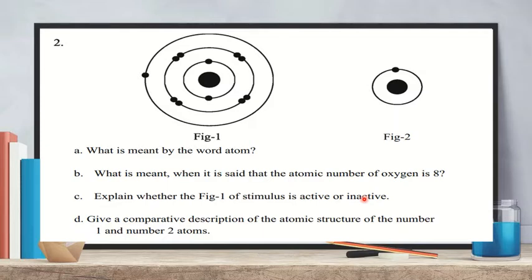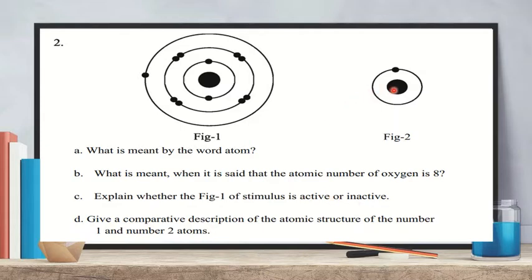They cannot release or gain any electron. So they cannot join with other elements. Inactive elements are the inert gases, helium, neon, argon, because their outer shell is fulfilled by electrons and they do not take or release any electrons. So they do not make any ion or bond.